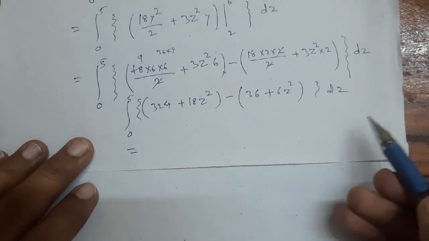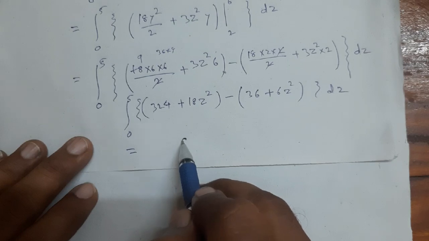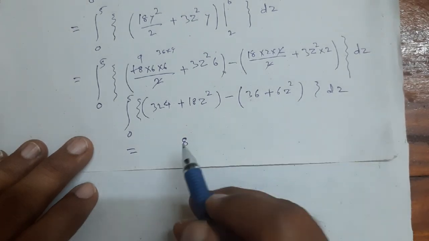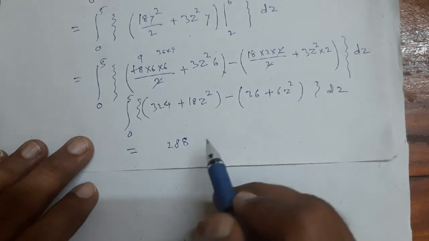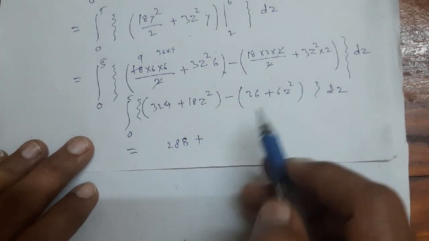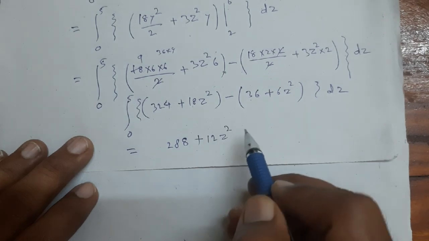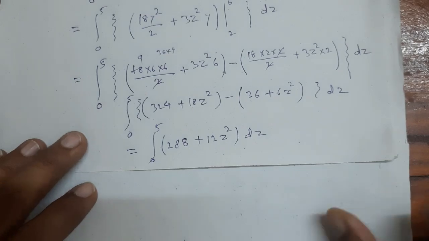Actually I will have to solve this. It is 324 minus 36, therefore here it is 8, 1 carry is there 4, then again it is 8, 1 carry, it is 2, you may check once, plus 18 minus 6, it is 12z square, and integration is over dz from 0 to 5.